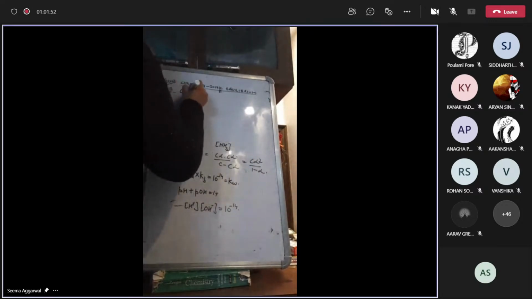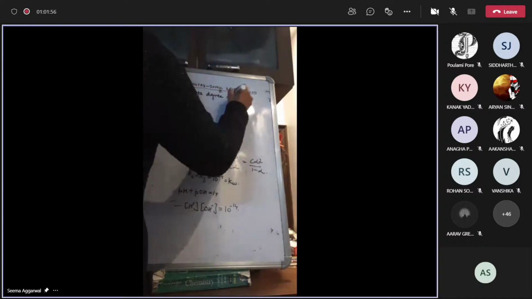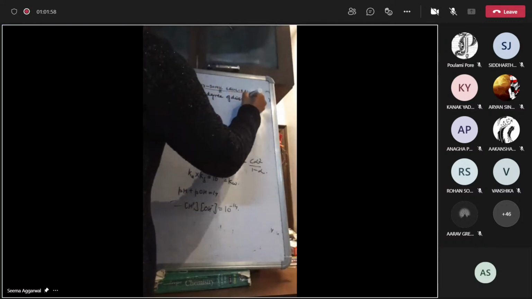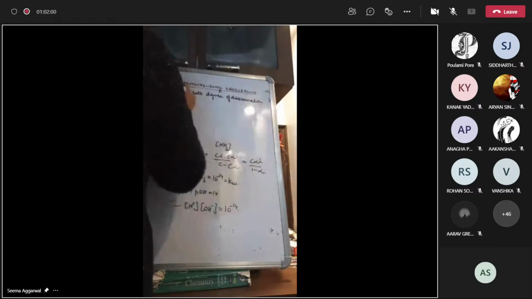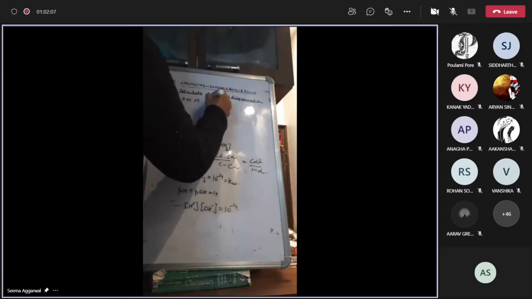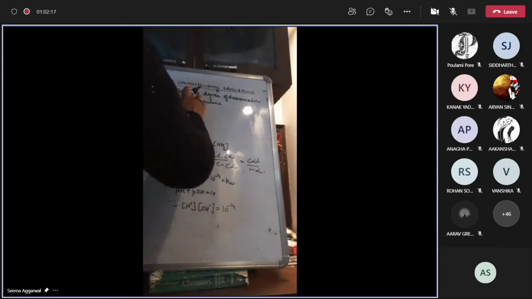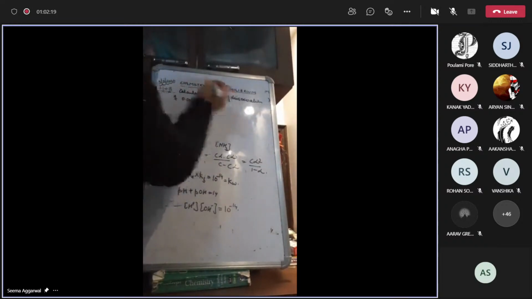Question is: calculate the degree of dissociation of 0.01 molar aniline. Or I can take, if you want, an NCERT question only. Aniline is given in NCERT also. Let's take 0.001 molar aniline.